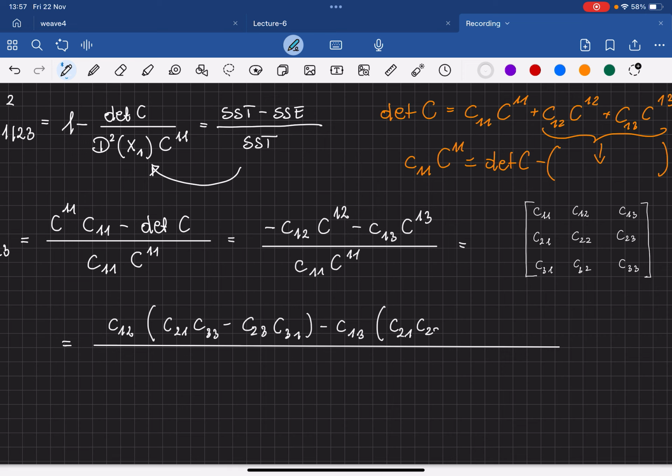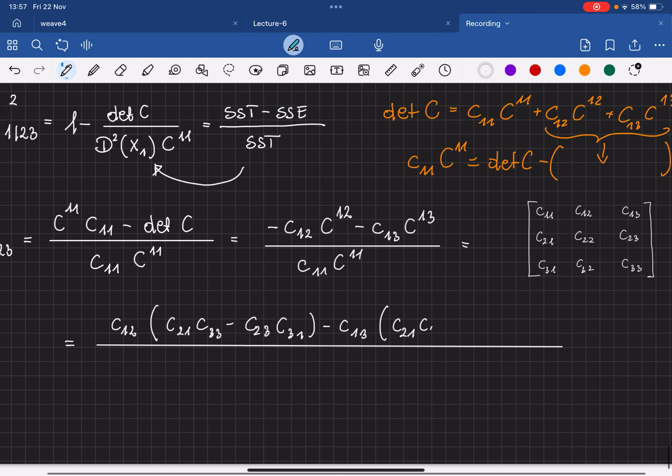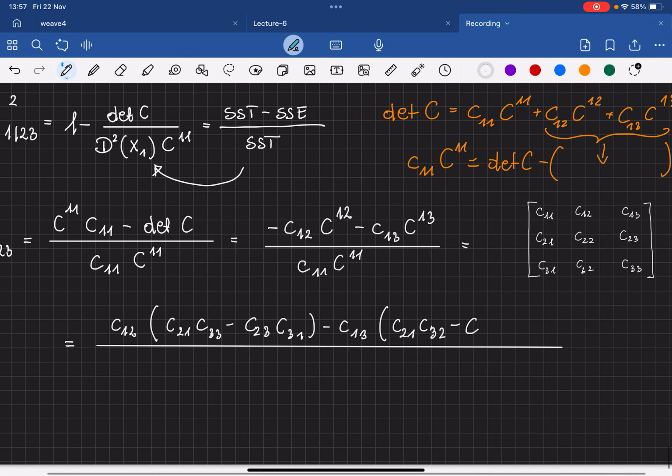C21, C22 minus, not C22, that's completely wrong, C32. C32 minus C22, C31.